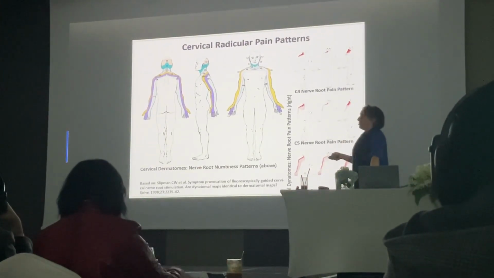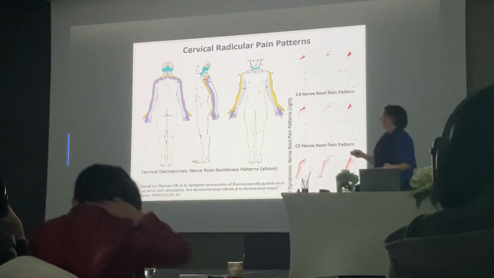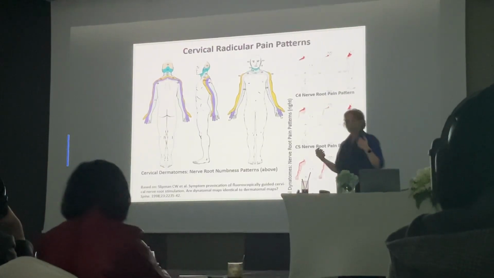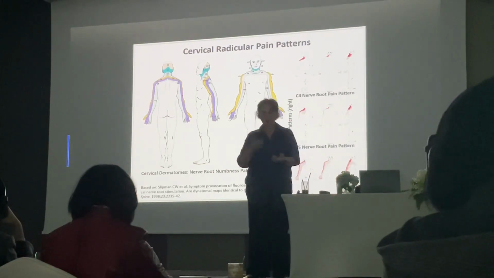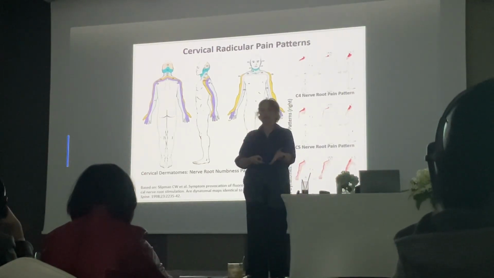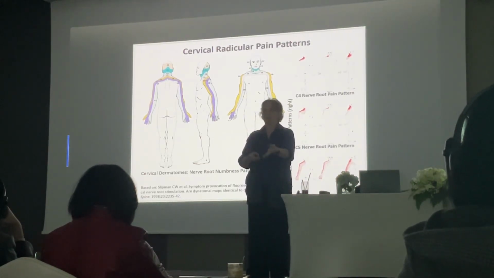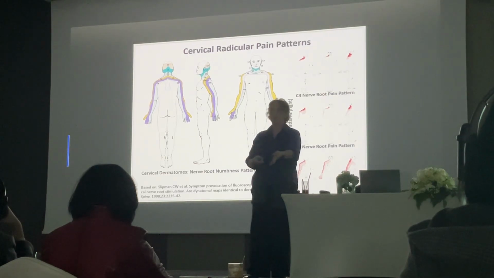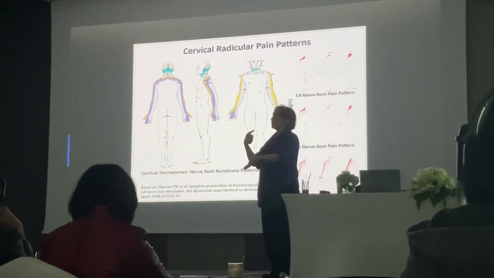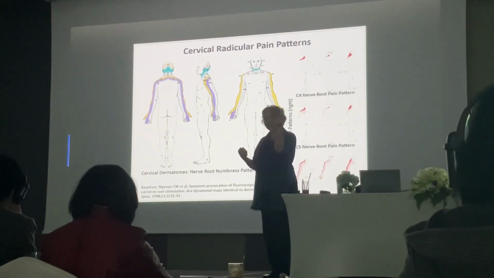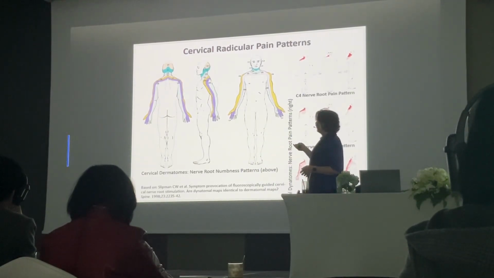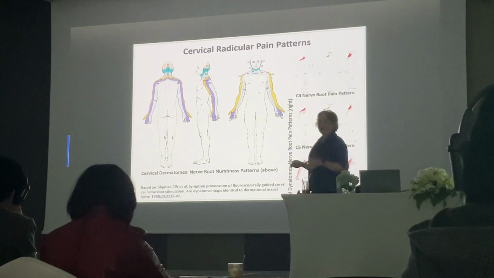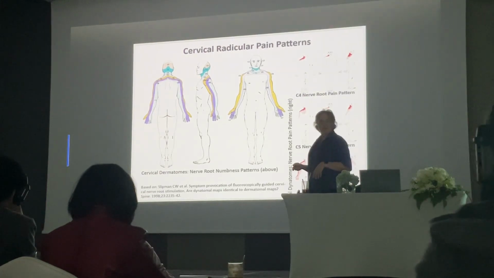For example, my mother, who is a dentist and is retired now, always complained of her thumb spasming, becoming numb and spasming. I told her, Mommy, why don't you go check your neck? She checked her neck and she does have a C5, C6 problem.